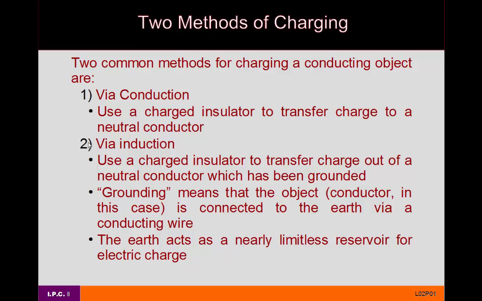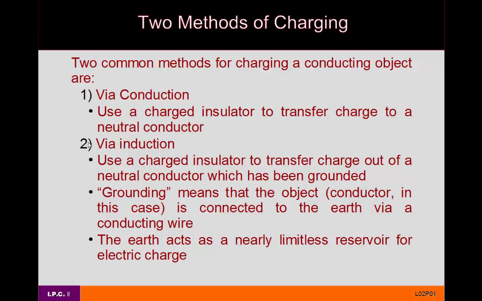The second method is via induction, and basically what you do is you get a charged insulator and you use it to transfer charge out of a neutral conductor, which has already been connected to ground. So grounding basically means that the object is connected somehow to the earth. Usually it's by a conducting wire.